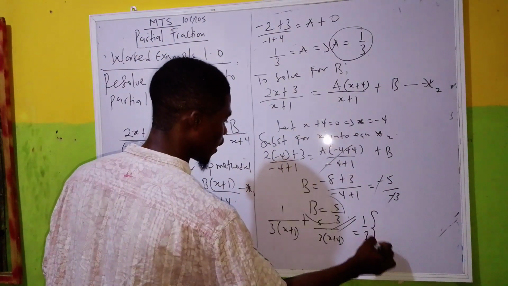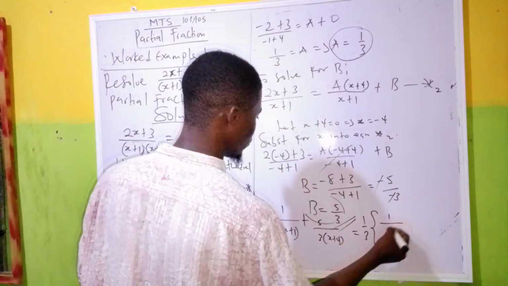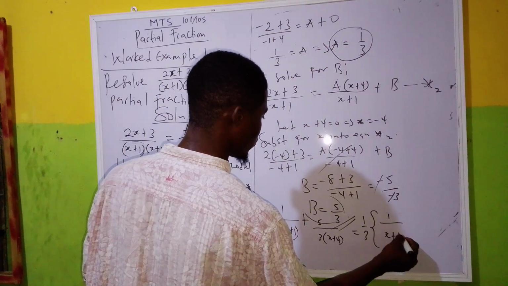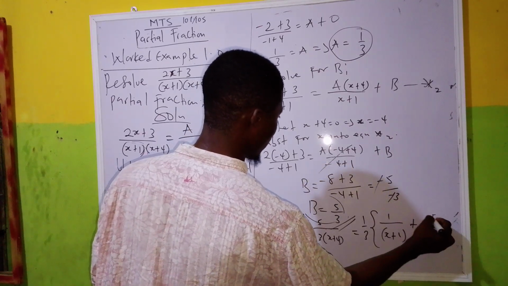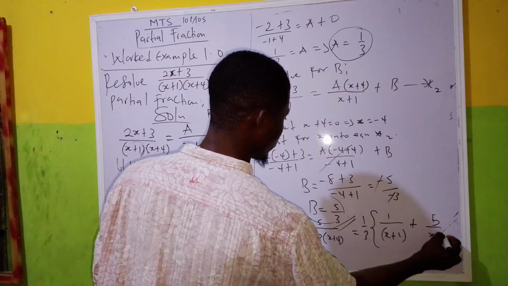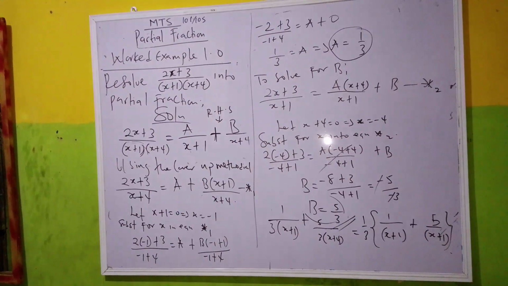In case if it's an OBJ question, 1 over 3 is common here, you know. So either of the two methods is perfectly okay. So this is what you call the cover-up method.